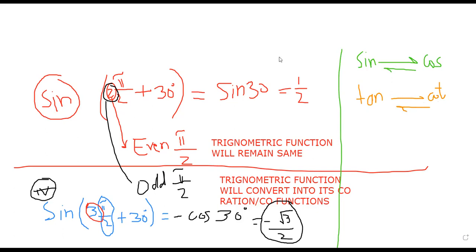Similarly, secant has co-ratio cosecant, and the co-ratio of cosecant is secant. So these are some important expressions.